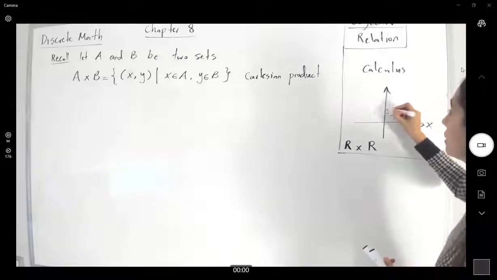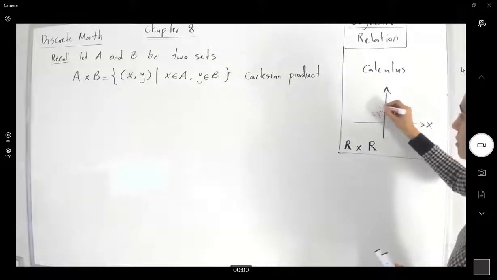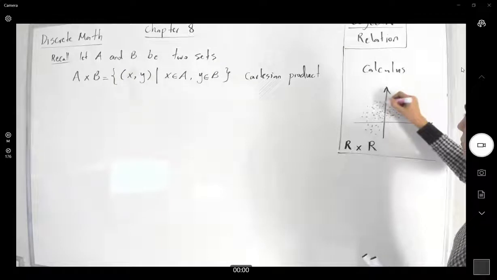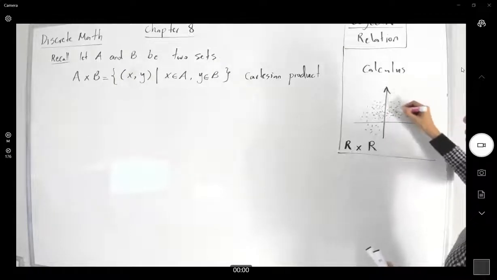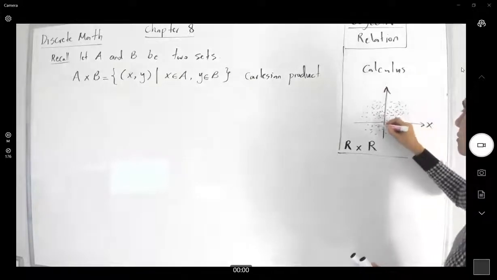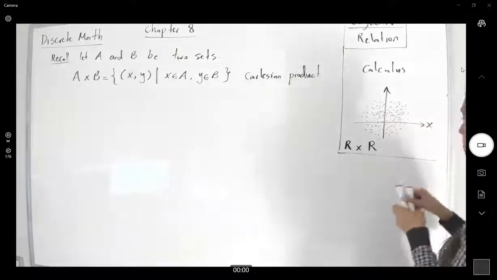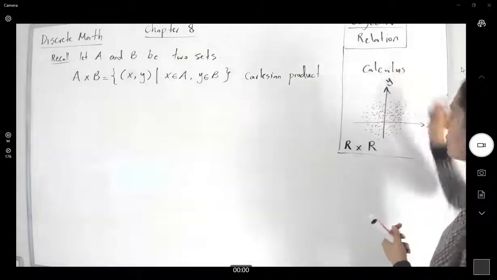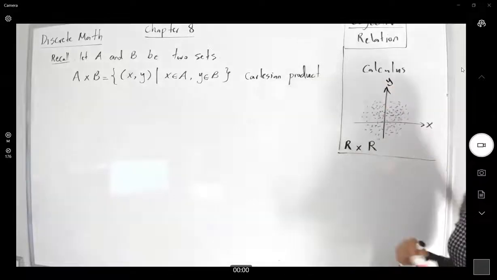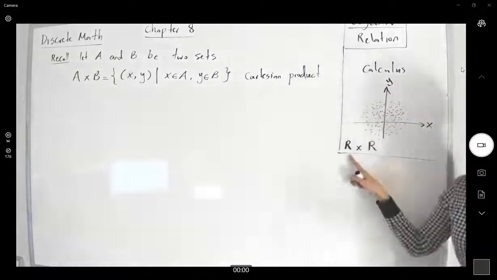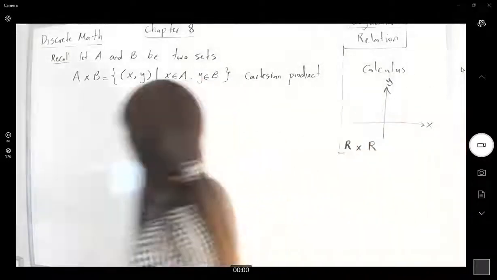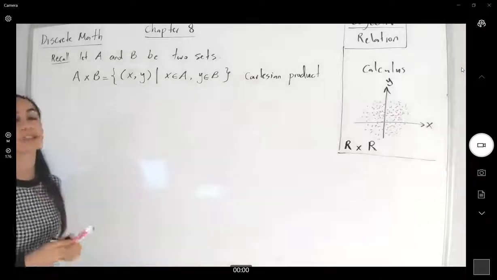Since there are infinitely many points, instead of just using dots, we say that we can just shade the whole thing and it creates the XY plane, or rectangular plane, or Cartesian plane for us. So x-axis, y-axis is the same as R. Just for simplicity, we label these X and Y, but this is actually R and this is R. So this is the Cartesian product between R and R, which gives you all the points in the plane.